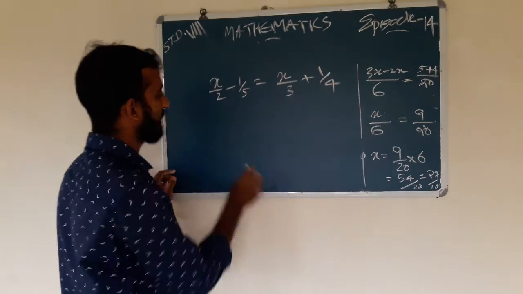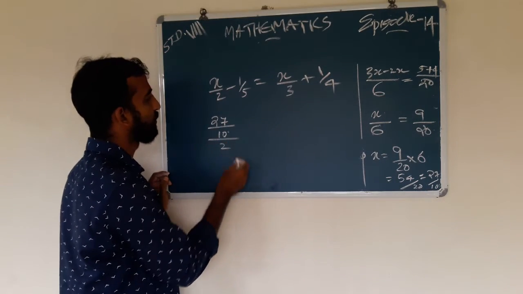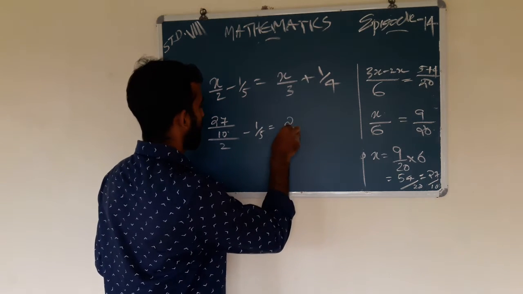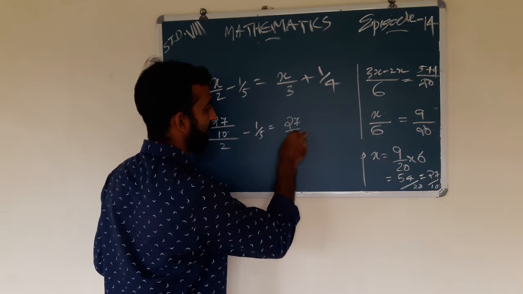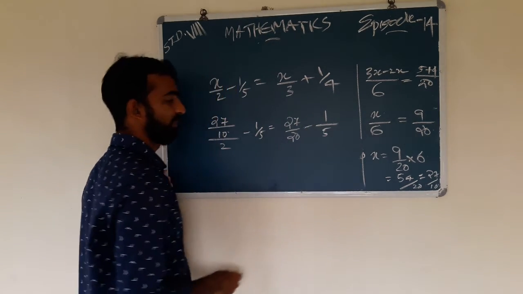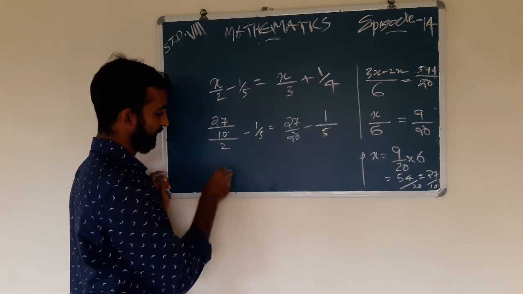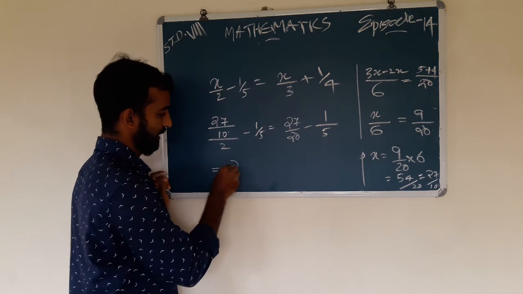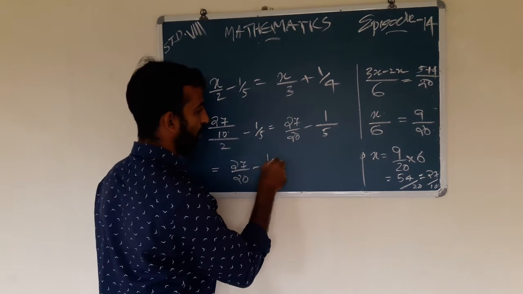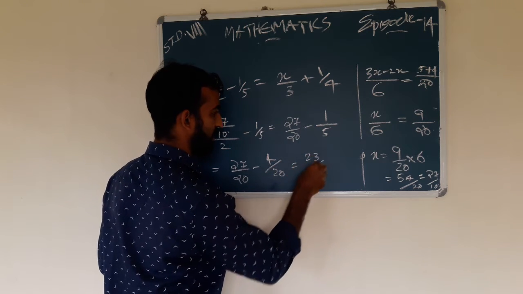When we put 27 by 10 divided by 2 minus 1 by 5, that is 27 by 20 minus 1 by 5. Here 20 is the LCM, so we can write 27 by 20 minus 4 by 20. That is 23 by 20.